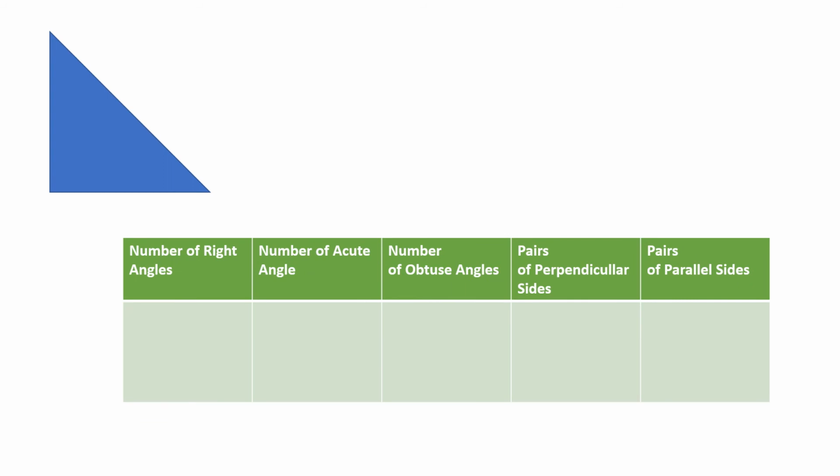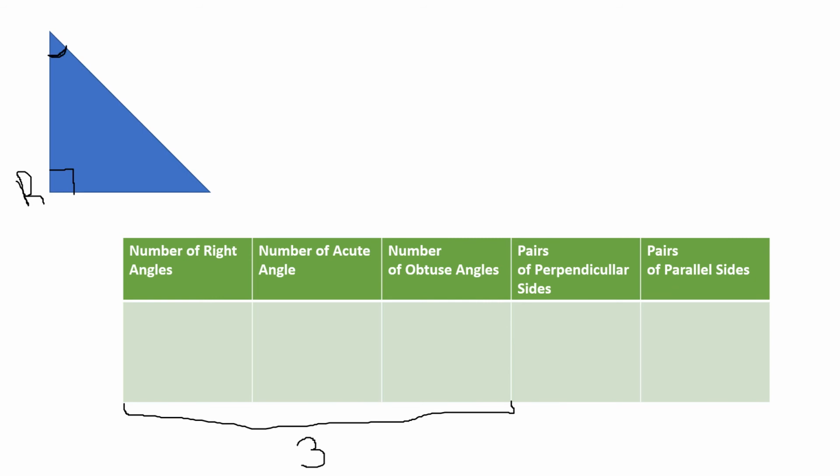Okay, we have another triangle. The triangle we did before this slide was an acute triangle because it had 3 acute angles. Okay, so we know this is a triangle. It's going to have 3 corners and 3 angles. So let's classify our angles. Let's start with this one. We have a perfect L, a perfect square corner, so we know that's going to be a right angle.